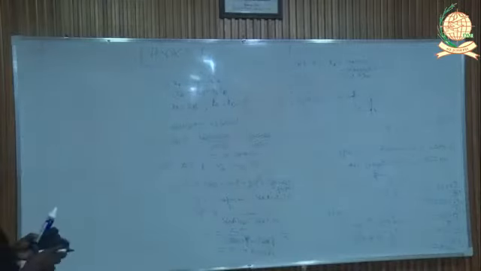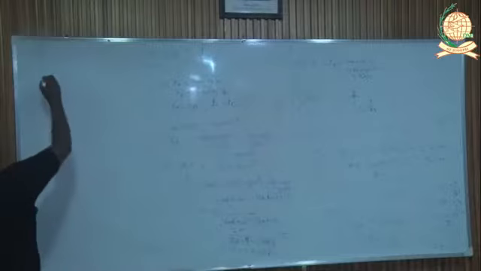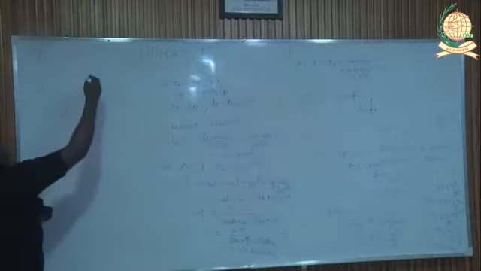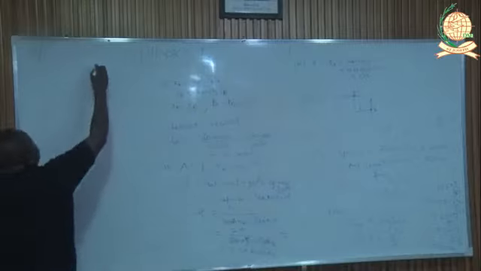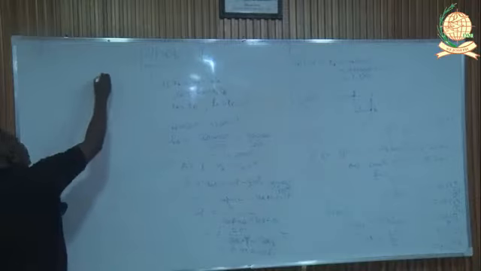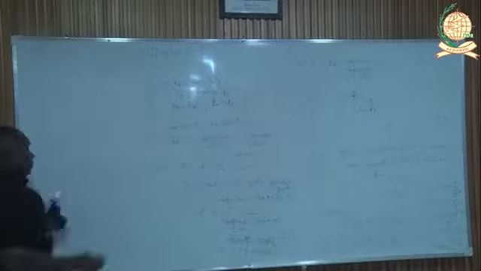So the angle theta will be equal to tan inverse of v squared, which is 20 squared, over r, which is 100, times g, which is 9.8.